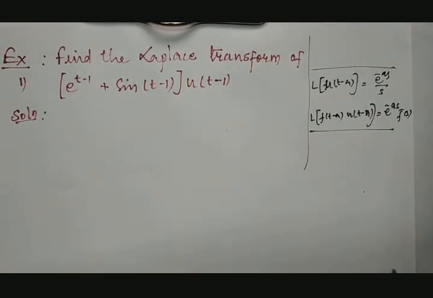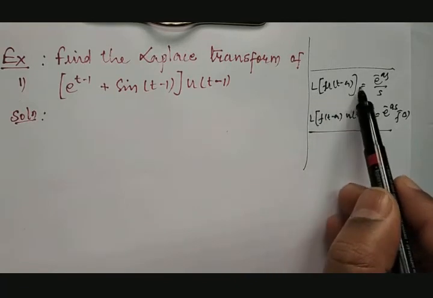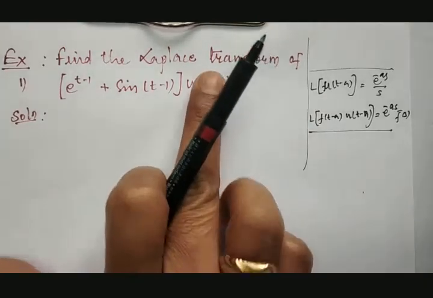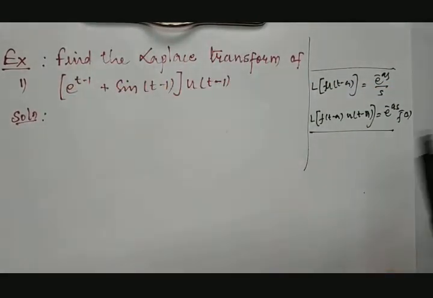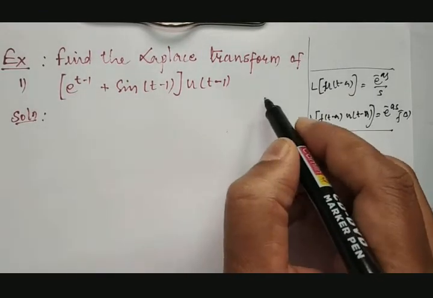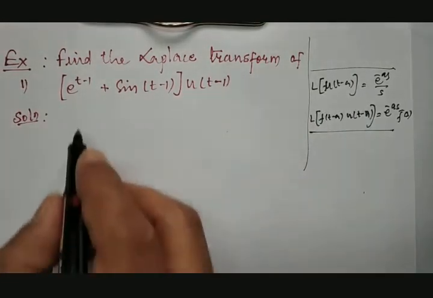What does the first property say? Laplace transformation of unit step function. Sorry, the second property. Because if it were only u of t minus a, then I would have taken the first one. But this is multiplied by some other bracket. That bracket will be treated as f of t minus a. I have to understand what a is.